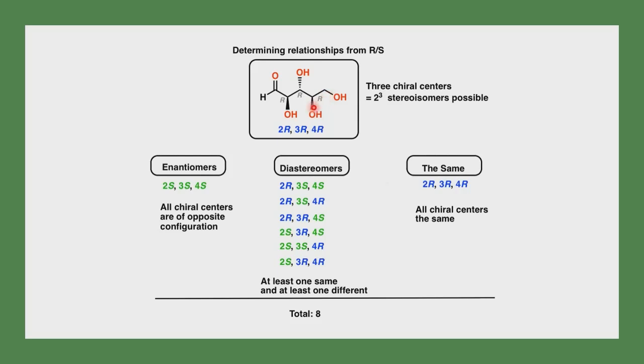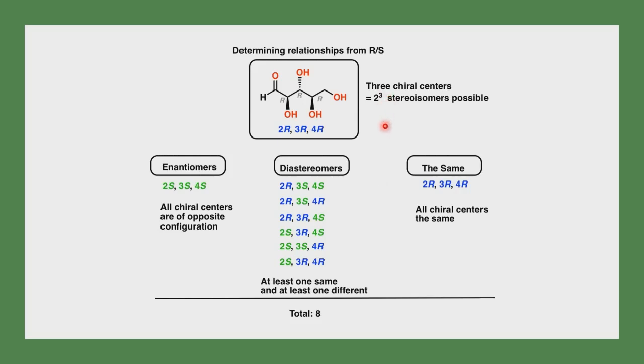Now, what will be the possible number of forms that this combination of diastereomer can have? The formula is 2 raised to the power of n, where n is the number of chiral centers. And since there are 3 chiral centers, this will become 2 raised to the power of 3.